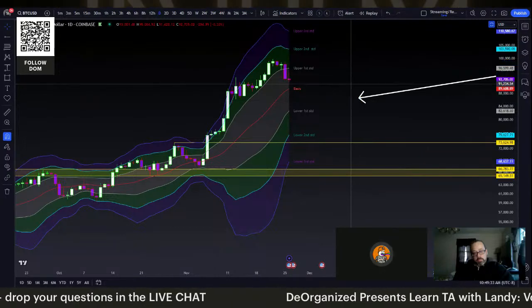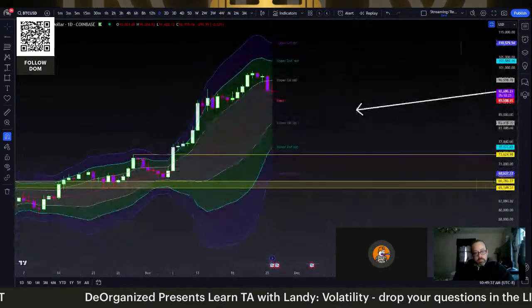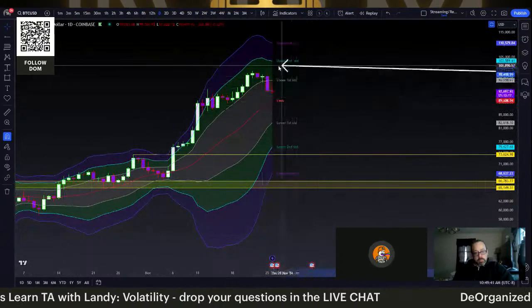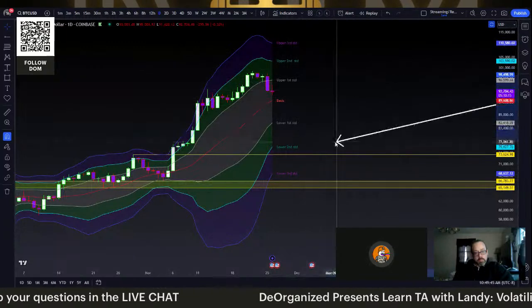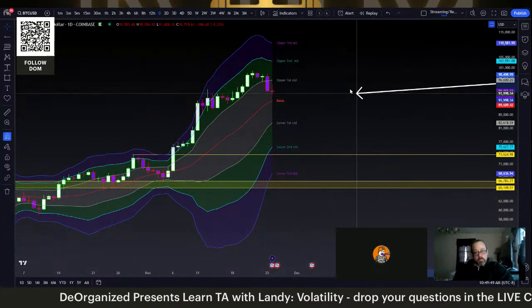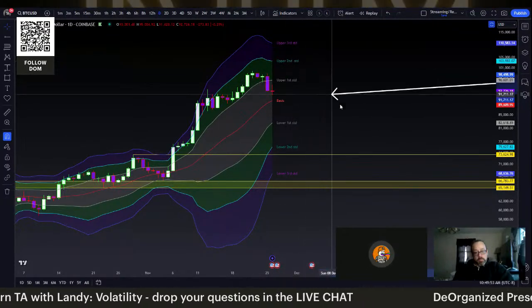For instance, on price action for Bitcoin right now, because we are in confirmed mean reversion and we are mean reverting back to the basis band, if we do see a bounce here, for instance, right around here, and we regain the upper first at 96,600, I would be looking for a volatility range between the upper first and upper second, right?